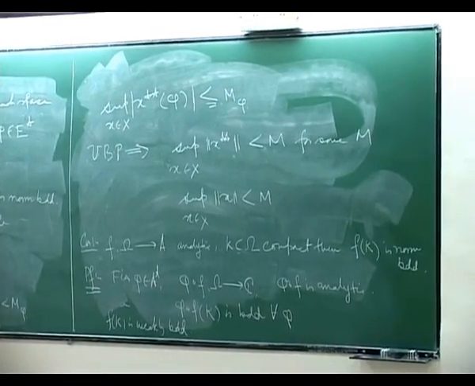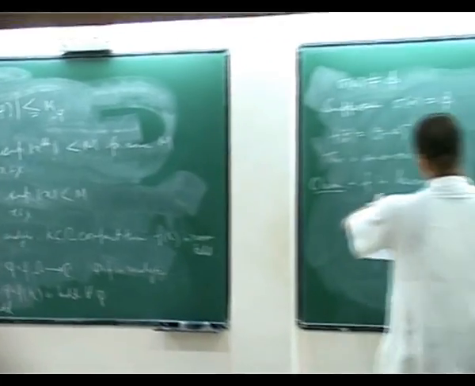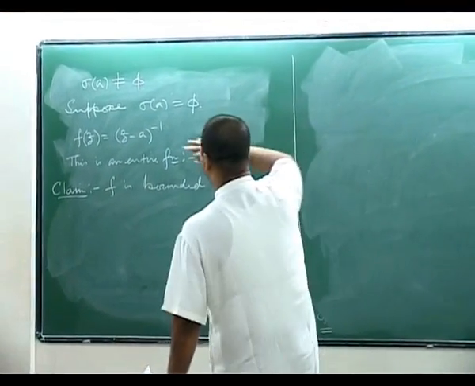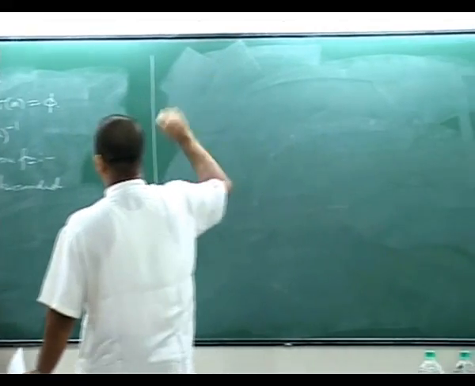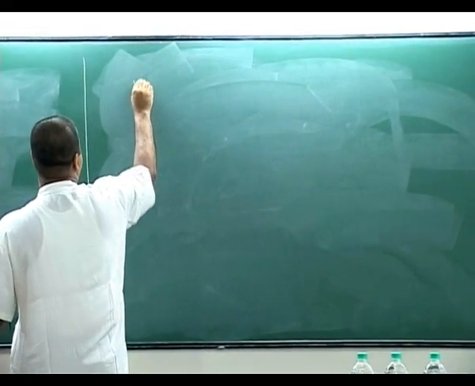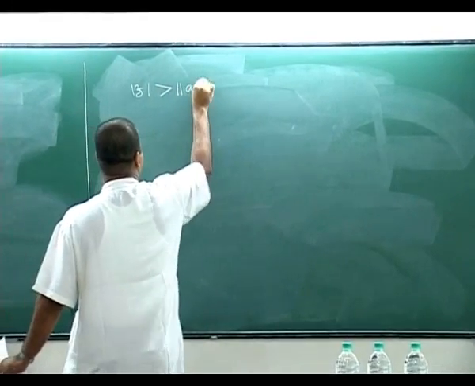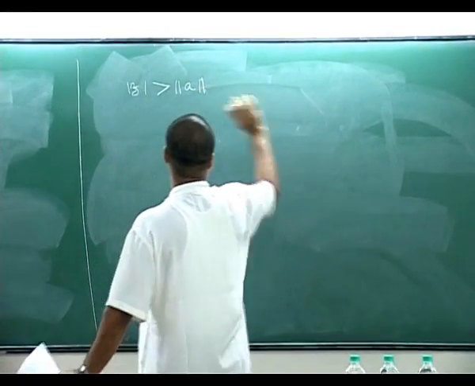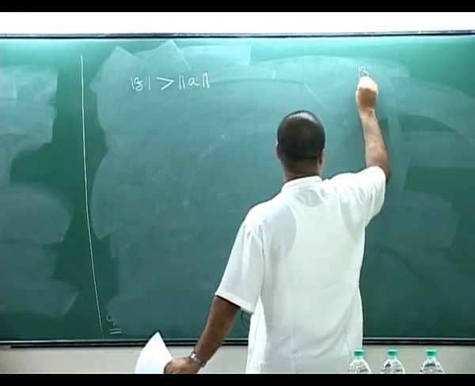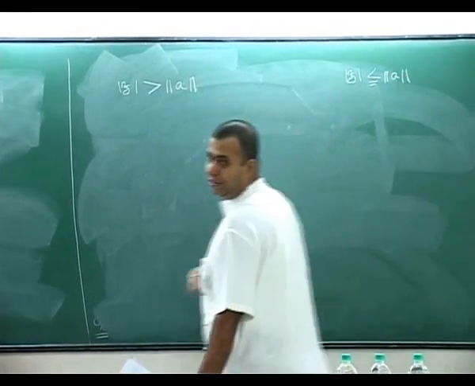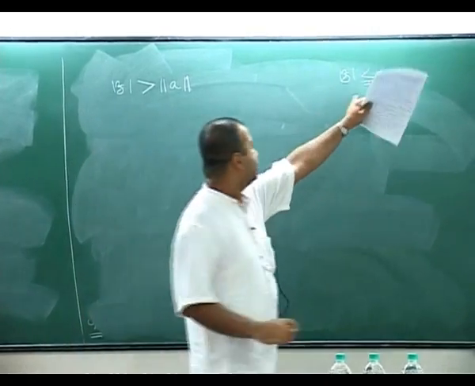So what we are trying to do is, we want to prove that f is bounded. This f has two kinds of behavior. Let us take |z| greater than norm A, this is one region, and another region is |z| less than or equal to norm A. This is compact.